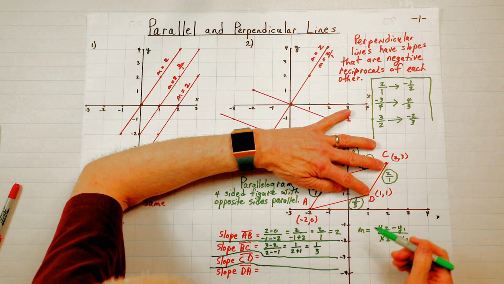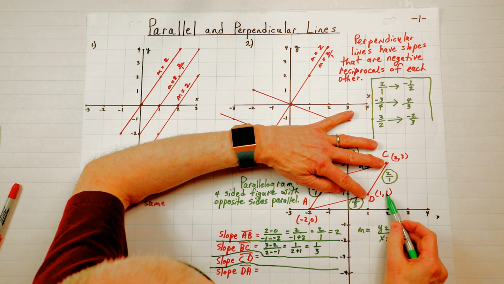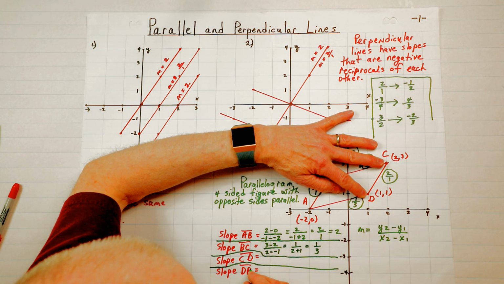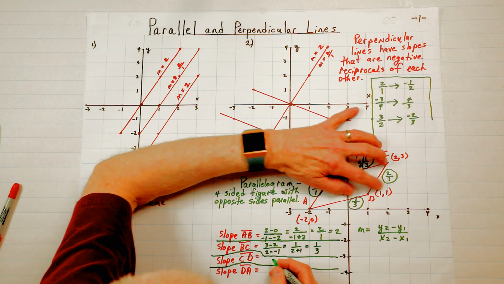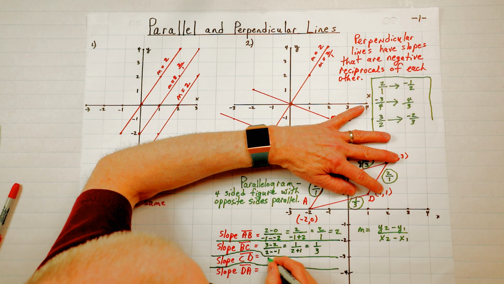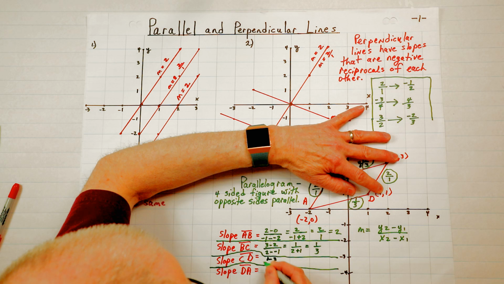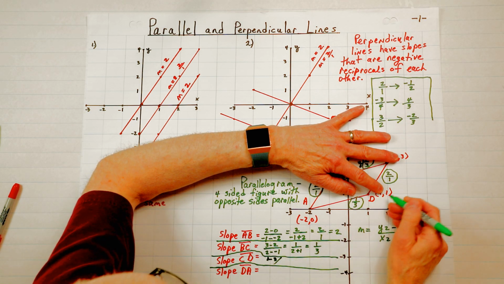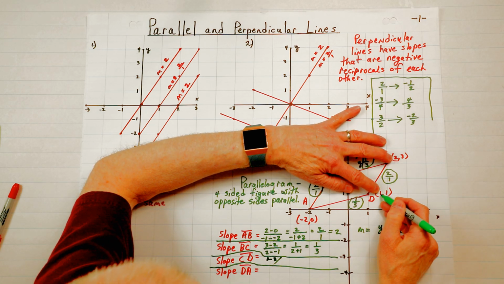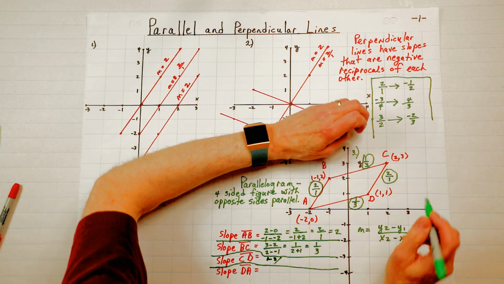Okay, CD. This is going to be my x2, y2. So, I didn't give myself much room here, did I? Okay, so we're going to do y2 take away y1, which is 1 subtract 3. I'm sorry about this, guys. I made it too small. 1 subtract 3 for the numerator. And for the denominator, it is going to be 2 subtract 1.